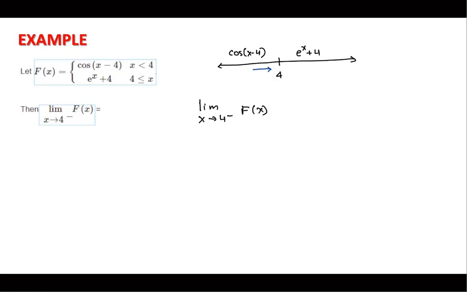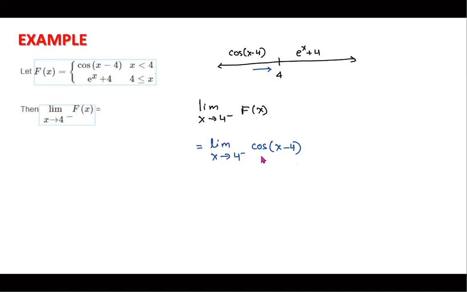So that is the function we want to use here. This is the same as the limit as x approaches 4 from the left of cosine(x minus 4), from the piecewise defined function.